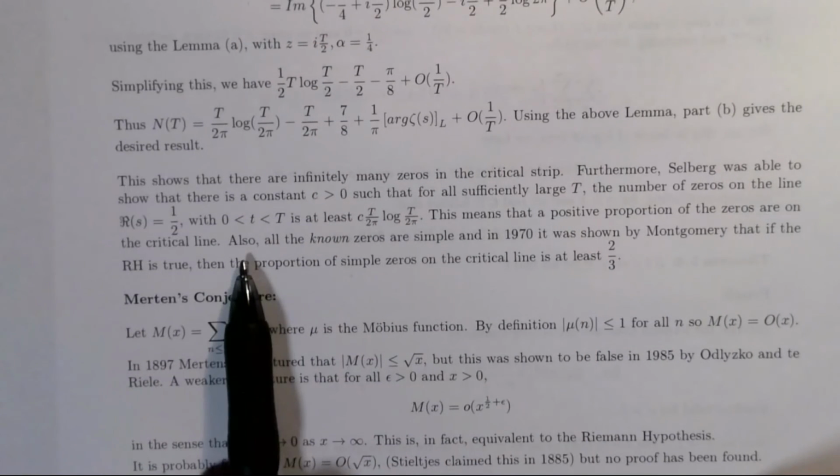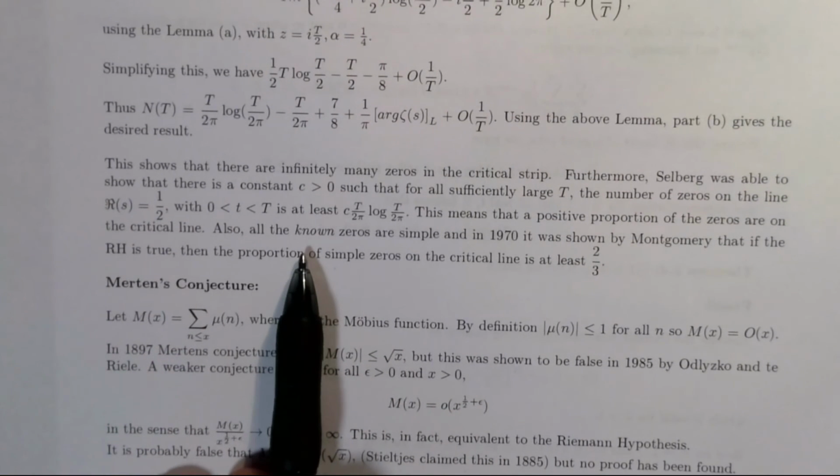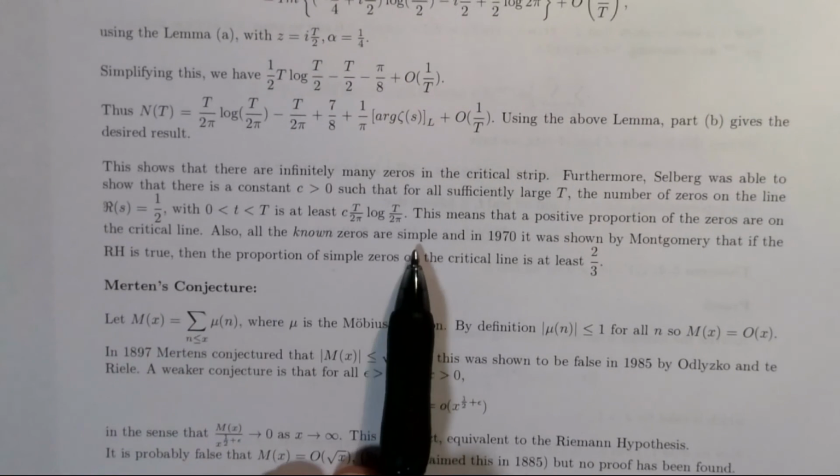Also, all the known zeros, the ones that have been calculated, are all simple zeros. And that again is an unsolved problem. Are all the zeros, whether they're on the line or not, simple zeros?